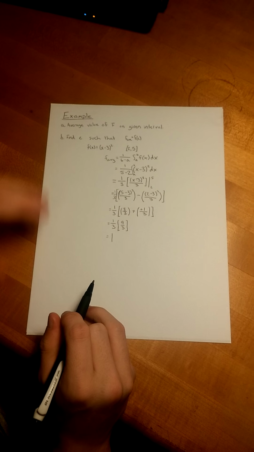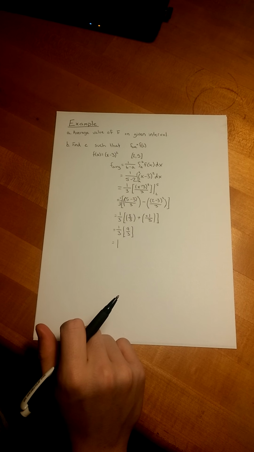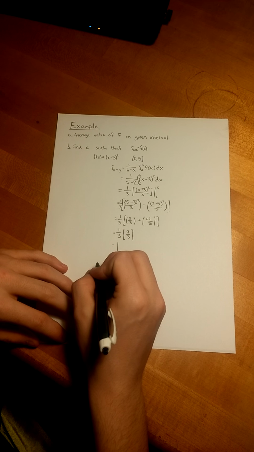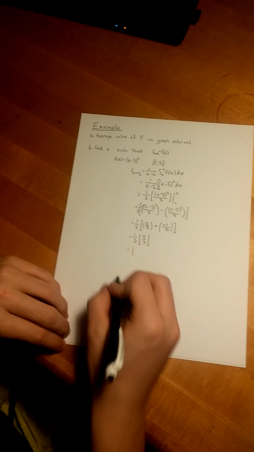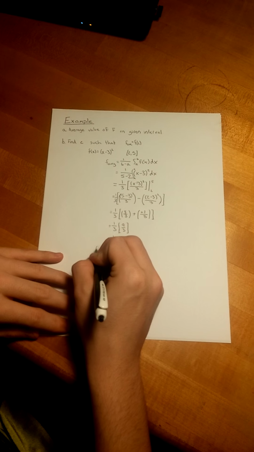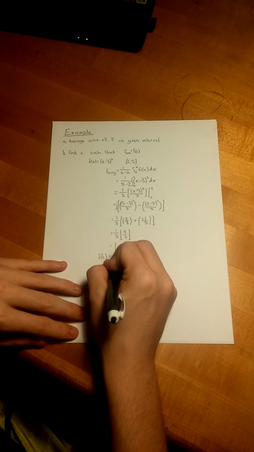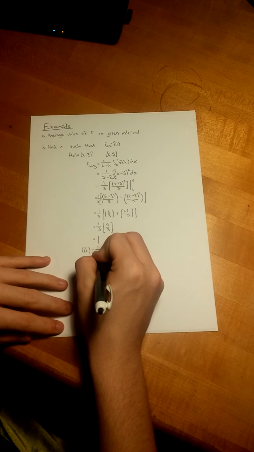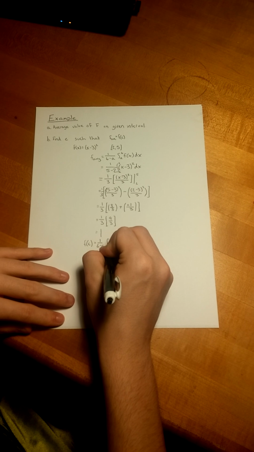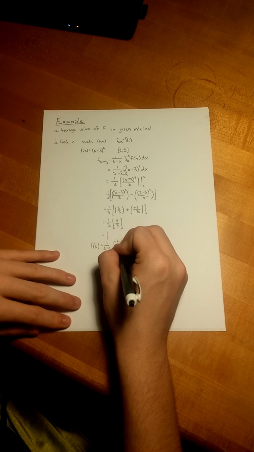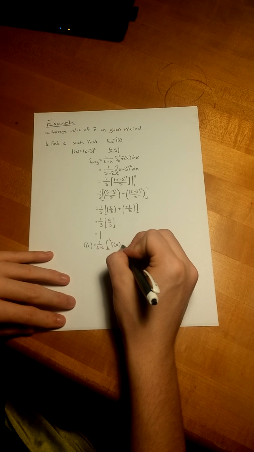Next, we want to find c such that f average equals f of c. So here we want to apply the mean value theorem for integrals. The equation for that will look like f of c equals 1 over b minus a times the integral from a to b of the function f with respect to x.